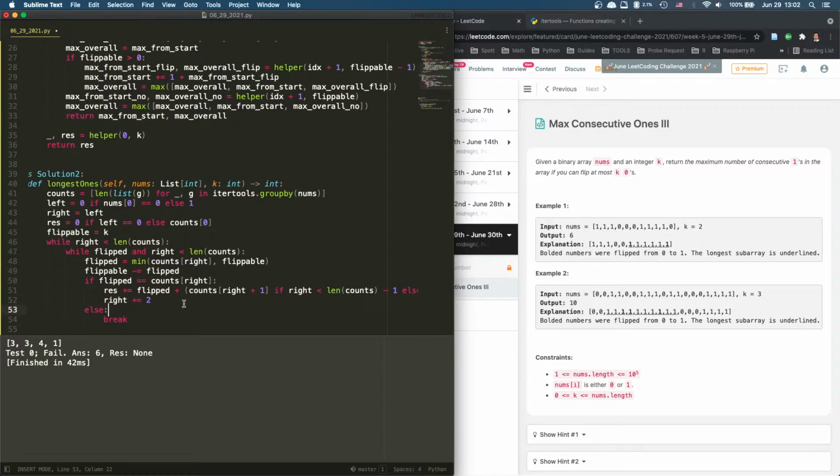Else, if flipped is not equal to the counts, which means flipped is smaller than the counts, then we just add flipped, which means we're going to add flipped anyway, which means we don't have to add it here.